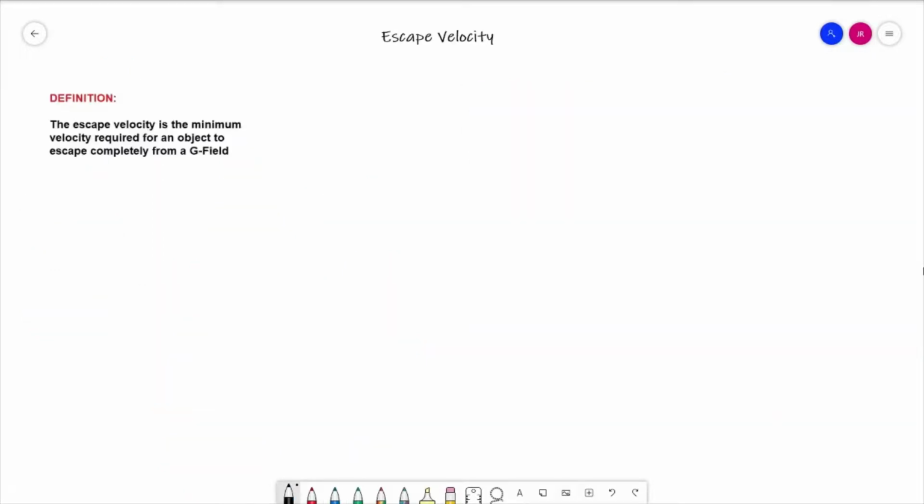Moving on to the second part of this lesson then, we're going to define and obviously explore escape velocity. Now you can see the definition on the screen there. So the escape velocity is the minimum velocity required for an object to escape completely from a gravitational field.